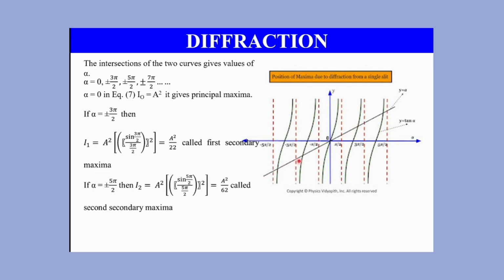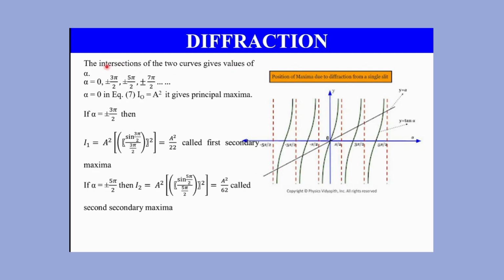This line intersects at this point and this point on the positive x-axis, and this point and this point on the negative side. According to the intersections, alpha values can be obtained at 3 pi by 2, 5 pi by 2, 7 pi by 2 and so on on the positive side, and similarly minus 3 pi by 2, minus 5 pi by 2, minus 7 pi by 2 and so on on the negative side of the origin.